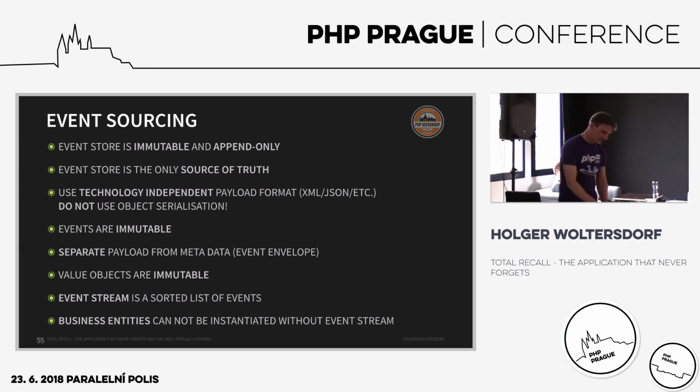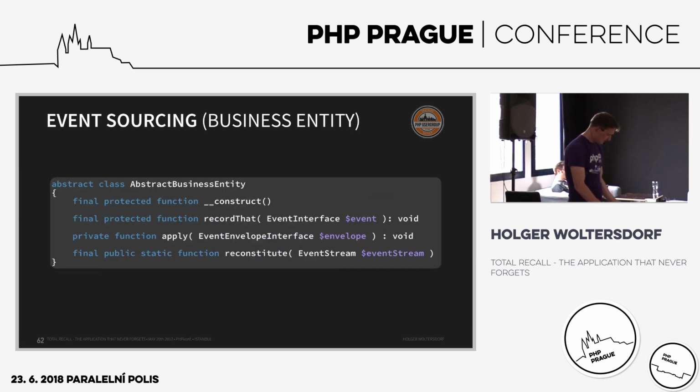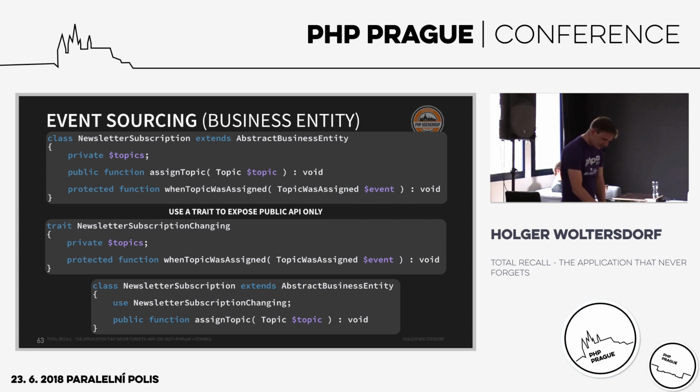That's the only thing, just that explanation. And you cannot instantiate your business entities without an event stream. So in an event-sourced application, you don't have any entities that are meaningful to your business without reconstructing them from a history. I will skip the code examples for that because we are already quite on time.